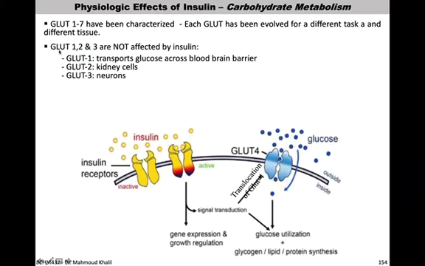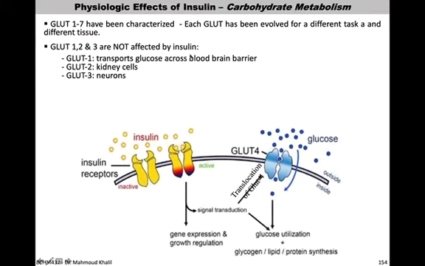So GLUT1, 2, and 3 are not affected by insulin. GLUT1 transports glucose across the blood-brain barrier, while GLUT2 is for kidney cells, and GLUT3 is for neurons. This is very obvious because neurons and kidneys, for the process of excretion and the propagation of nerve impulses, don't need to be switched off.